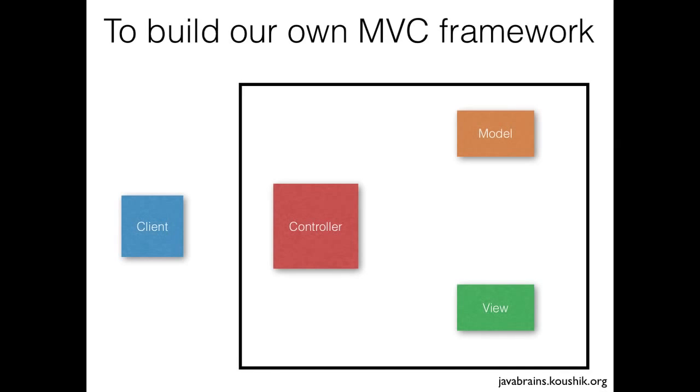If we are building our own framework, we would have JSPs over here to address the view part of it. We would have business services to address the model part of it, and we would have servlets which act as controllers. And this is an MVC pattern. We are sticking to an MVC pattern because we are separating the controllers from the model from the view.